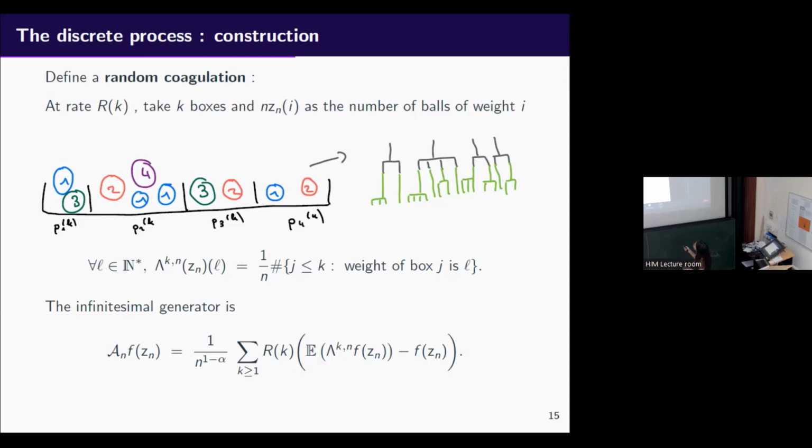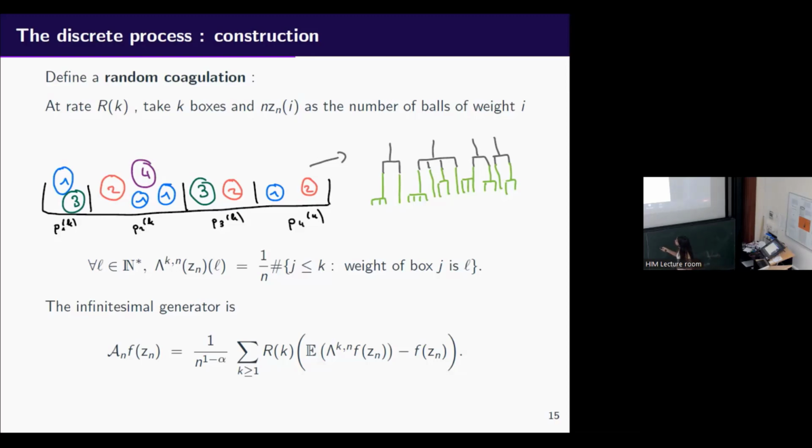Basically, when you merge blocks, you sum the sizes of the blocks. So in this urn process, for example, here I merge a block of size 3 with a block of size 2 and I form a block of size 5. So it's a discrete coagulation operator.